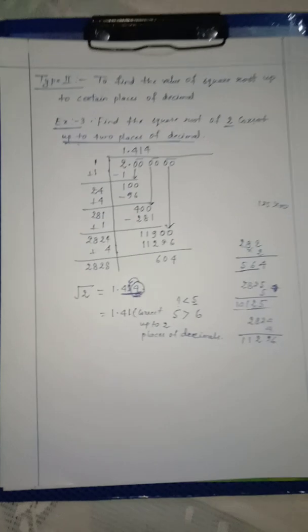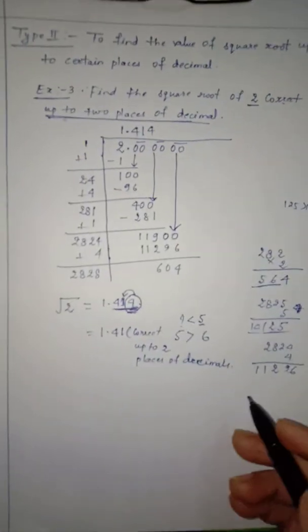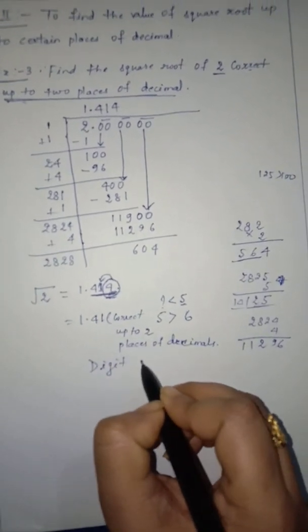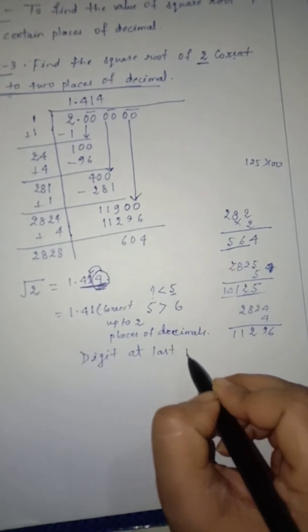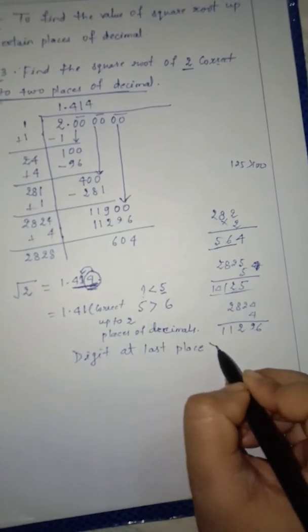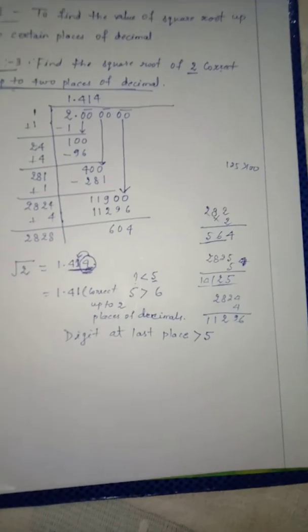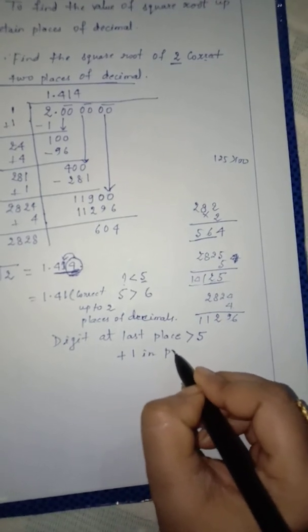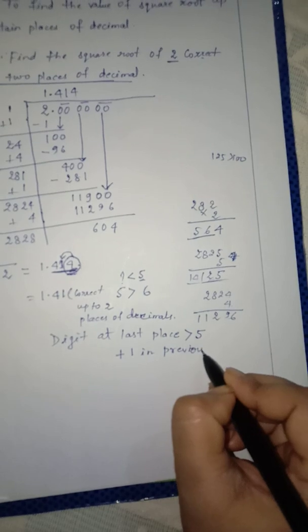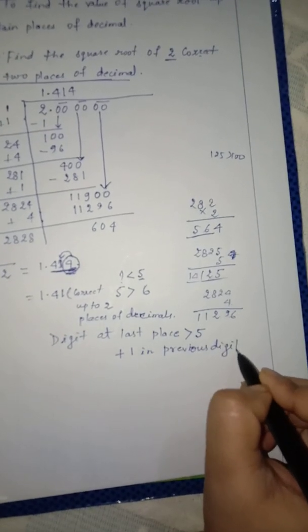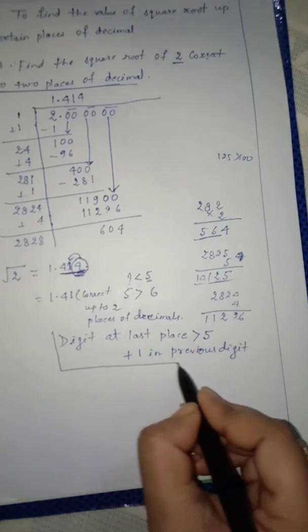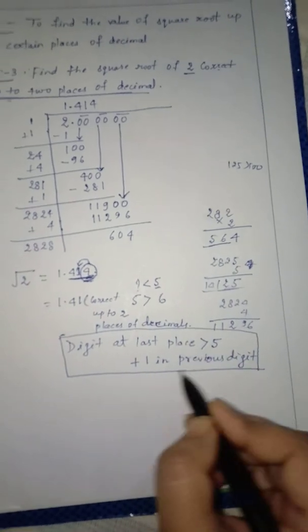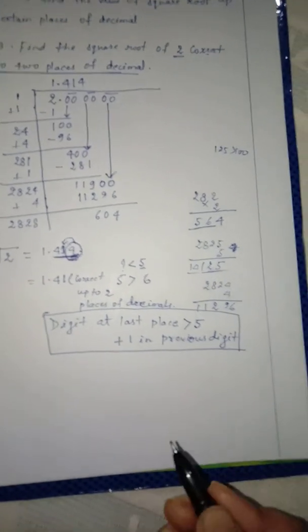One thing you have to keep in mind: if the digit at the last place is greater than 5, then add 1 to the previous digit.